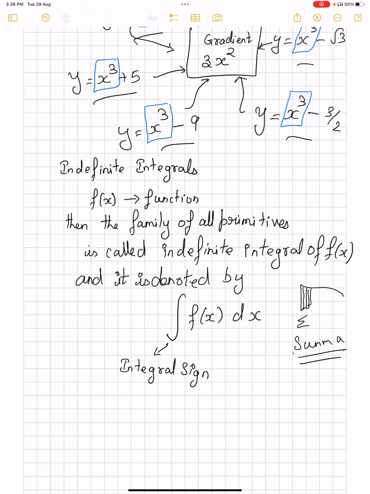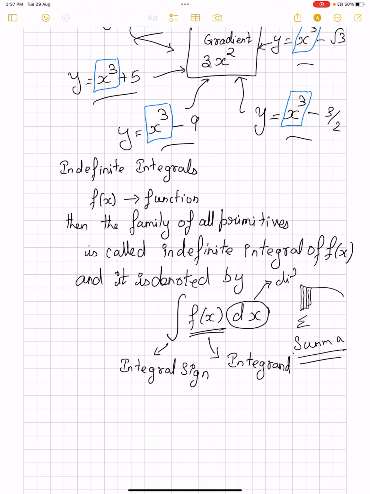And here this f of x, which we write inside, is called the integrand, and this dx is called the differential of x.